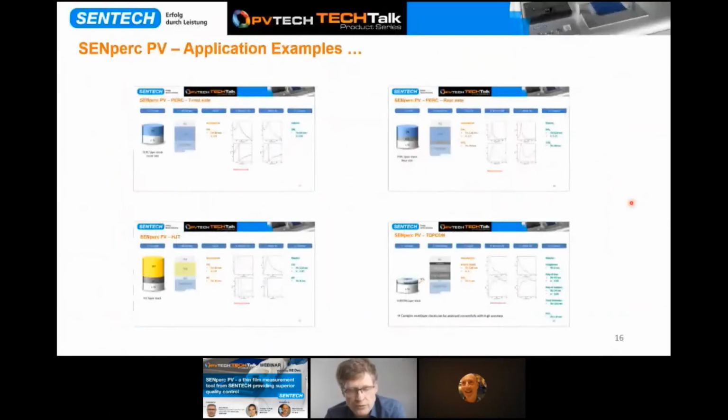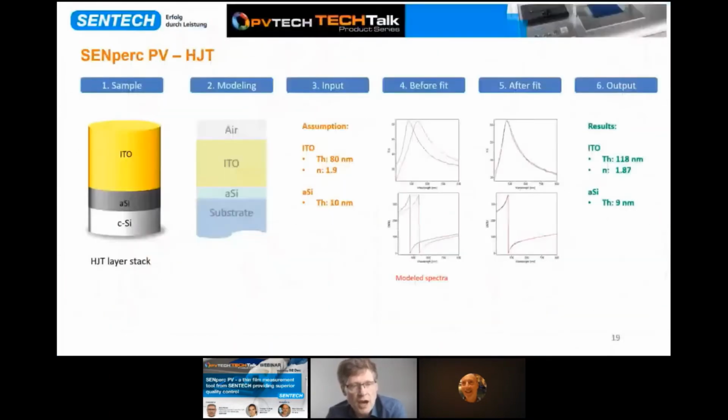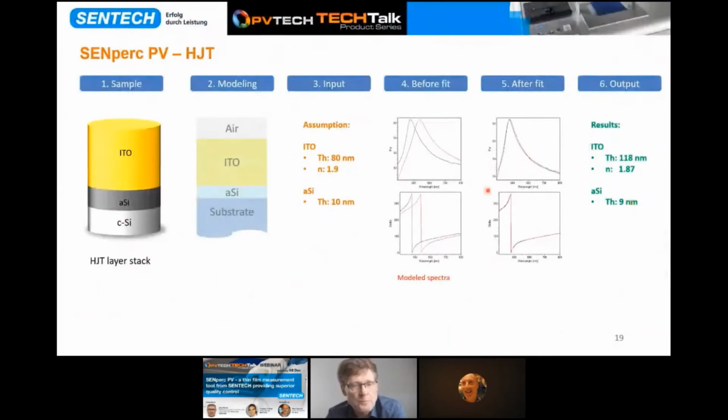Now let's go into some other applications, the heterojunction solar cells, where we have completely different materials in our stack. So here we have an amorphous silicon on our crystalline silicon substrate covered by ITO film on top. The intended film thicknesses are 10 nanometers for the amorphous silicon. For ITO, it was 80 nanometers with a refractive index of 1.9. Again, you know this process already. We put this into the computer engine.